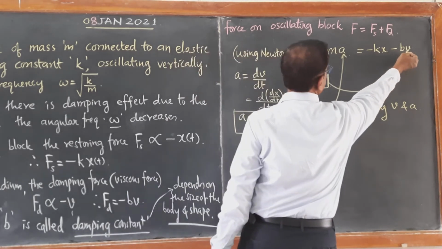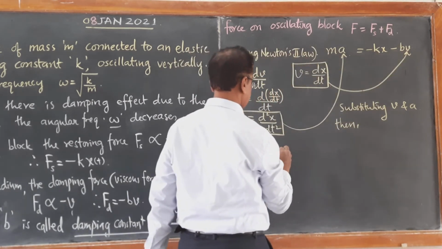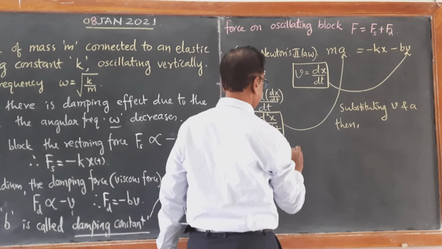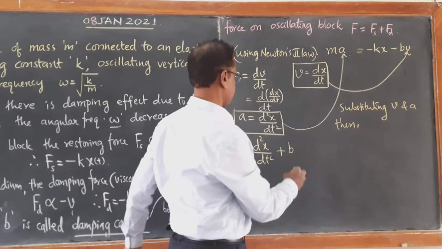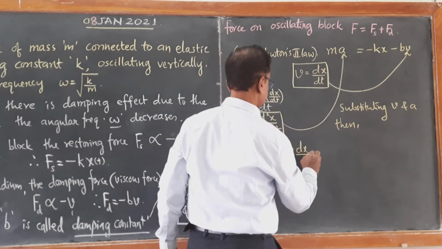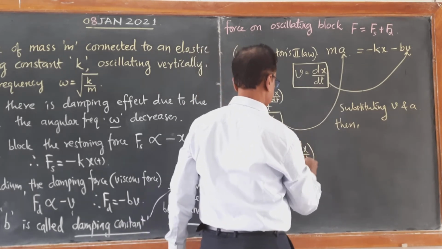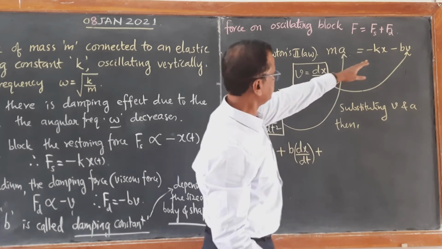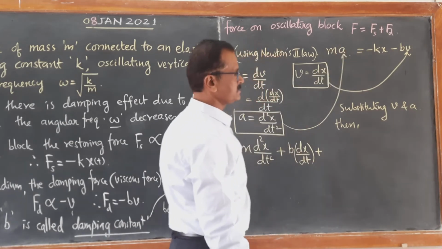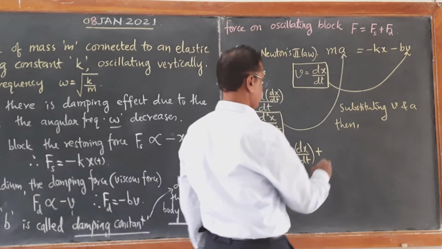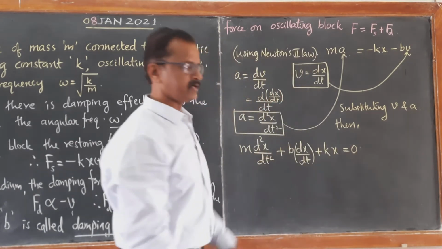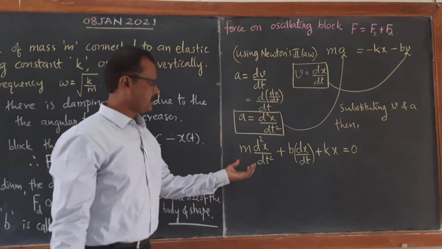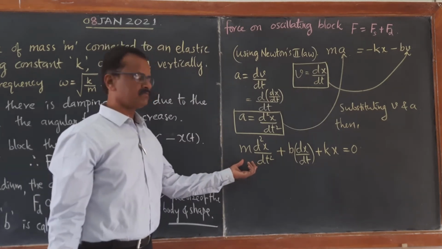Take this to the right hand side, so it becomes plus b into dx by dt, plus, taking minus kx to the left hand side, it becomes plus kx equals 0. This is an equation having differentiation of second order.